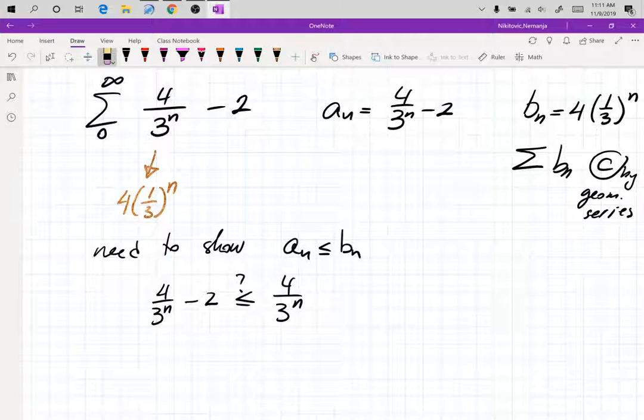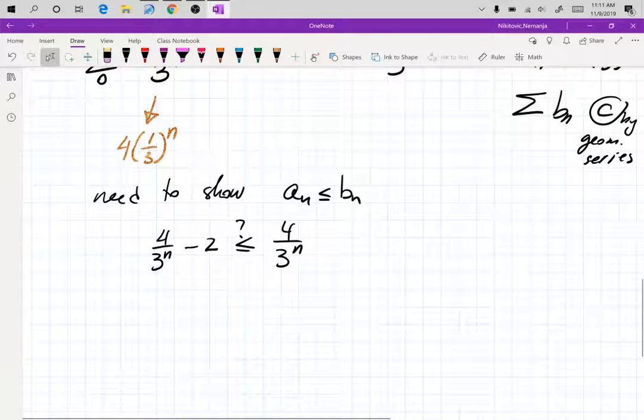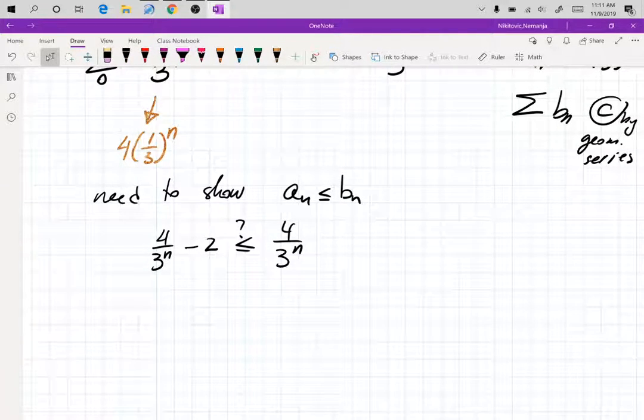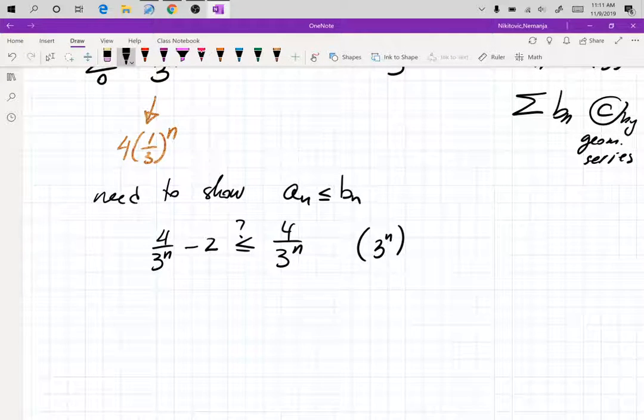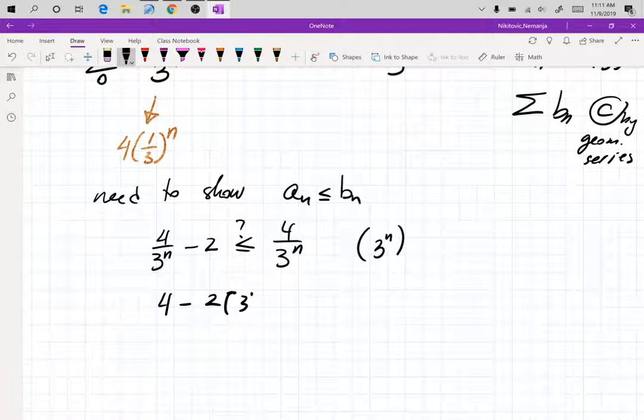So it works. Again, these problems are solved by limit, guys. The limit one is much better than this. Now when you multiply both sides by 3 to the n, you get 4 minus 2 times 3 to the n, less or equal than 4.